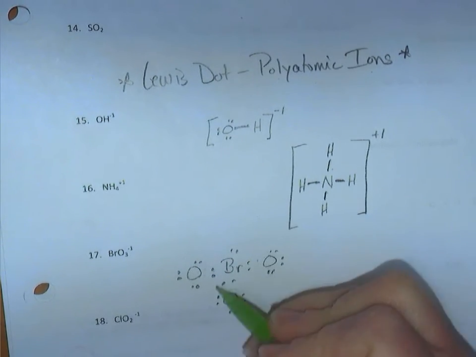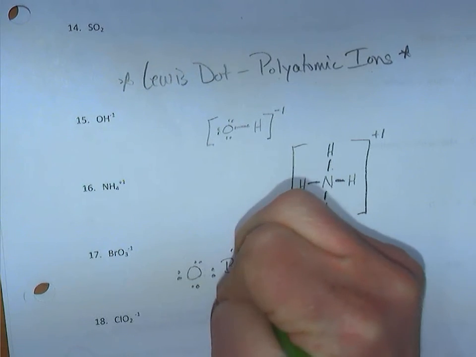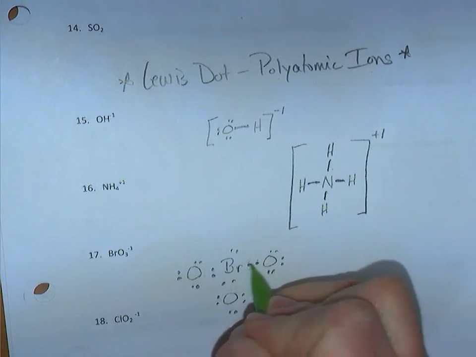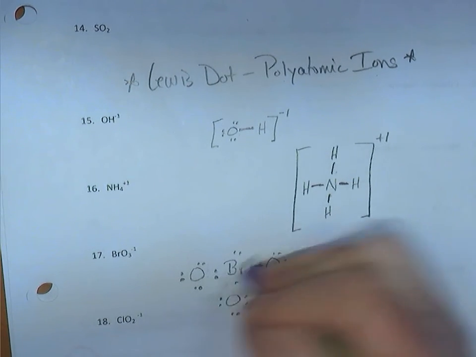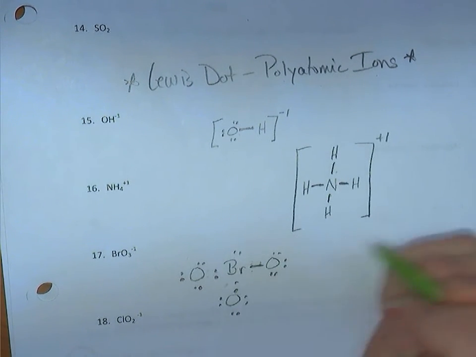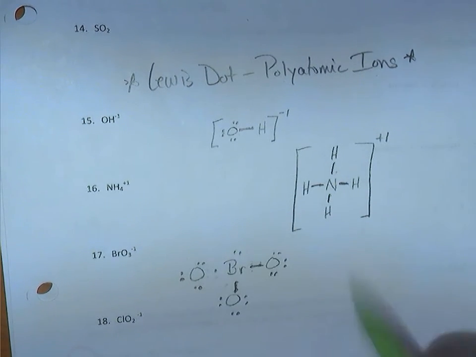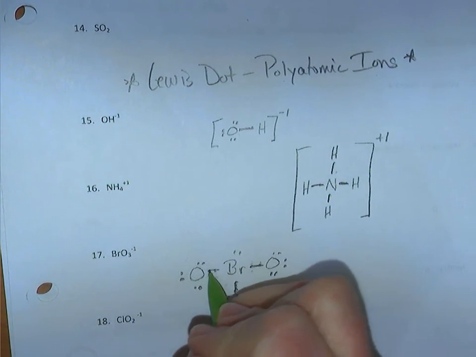And then we use the electrons of bromine. So these 2 came from bromine to make the bond. So I'll just move that one of bromine's over and make the bond. How about this 1 electron of bromine's over and make the bond?